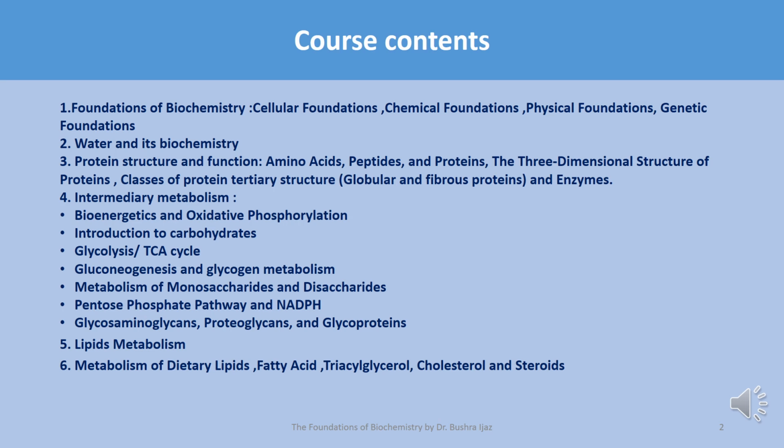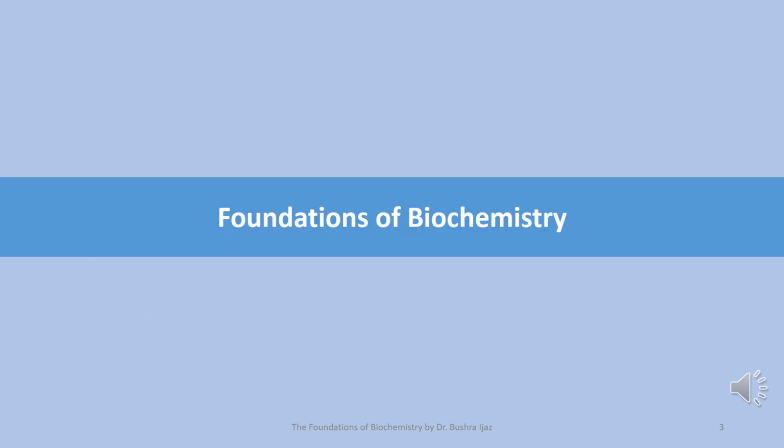We will look at aminoglycans, proteoglycans, and glycoproteins. We will also look at the biochemistry of lipids and their metabolism, and metabolism of dietary lipids, fatty acids, triglycerols, cholesterol, and steroids.